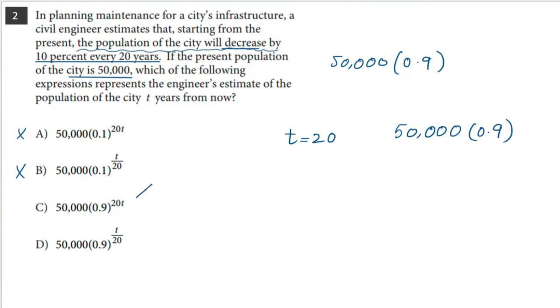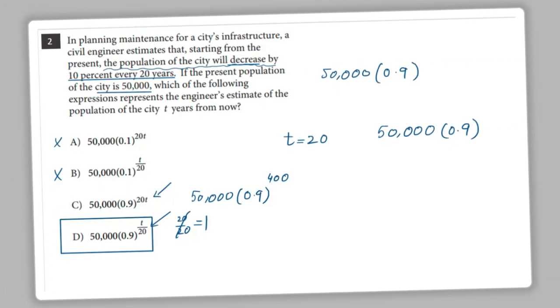If you put t equal to 20 in C, this will become 50,000 times 0.9 to the power of 400, which is definitely not a 10% loss. But if you put it here, 20 divided by 20 in the power will become 1, and the population will decrease by 10%. So D is the correct answer.